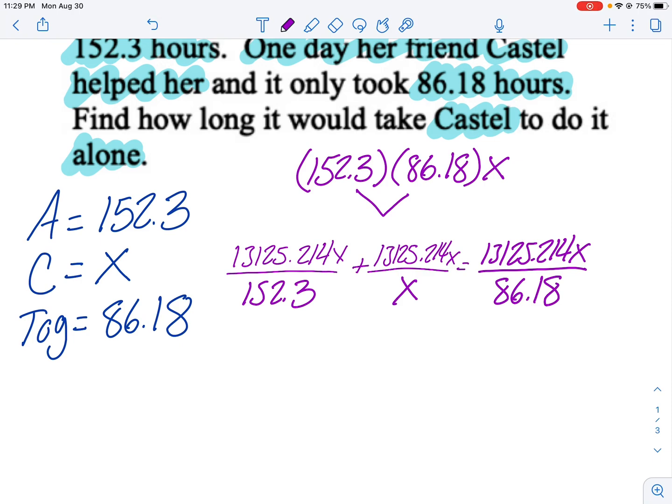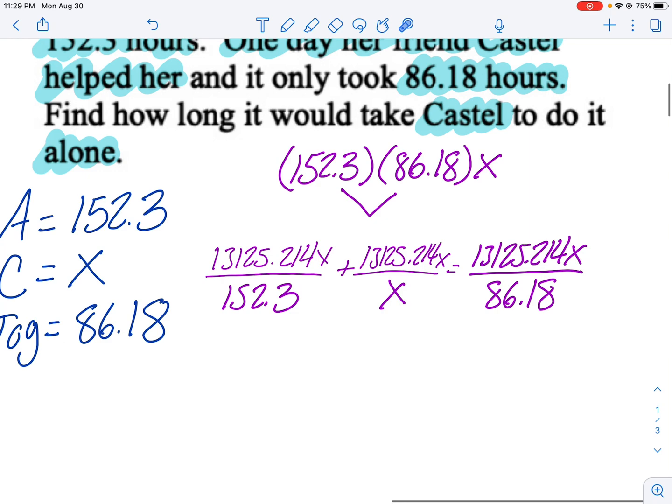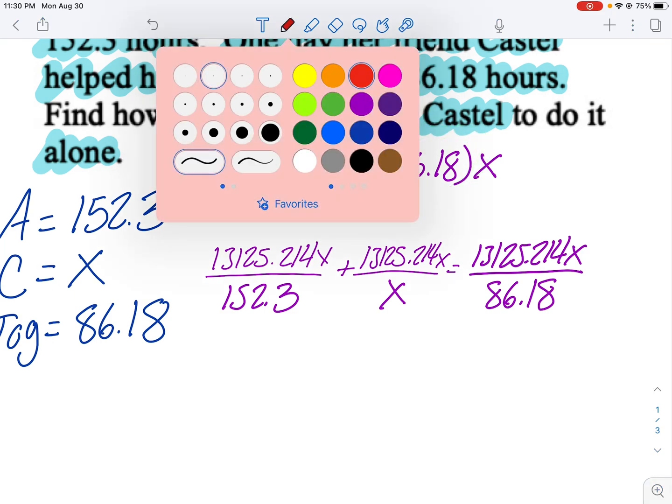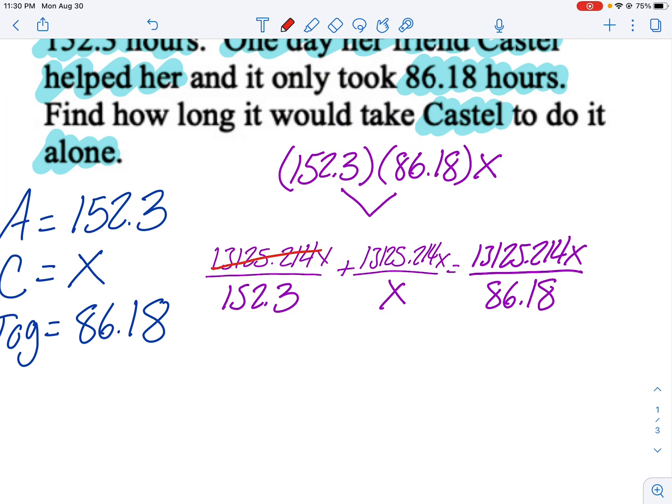Just like we did before, this number divided by that number, let's go backwards, gives us 86.18x.